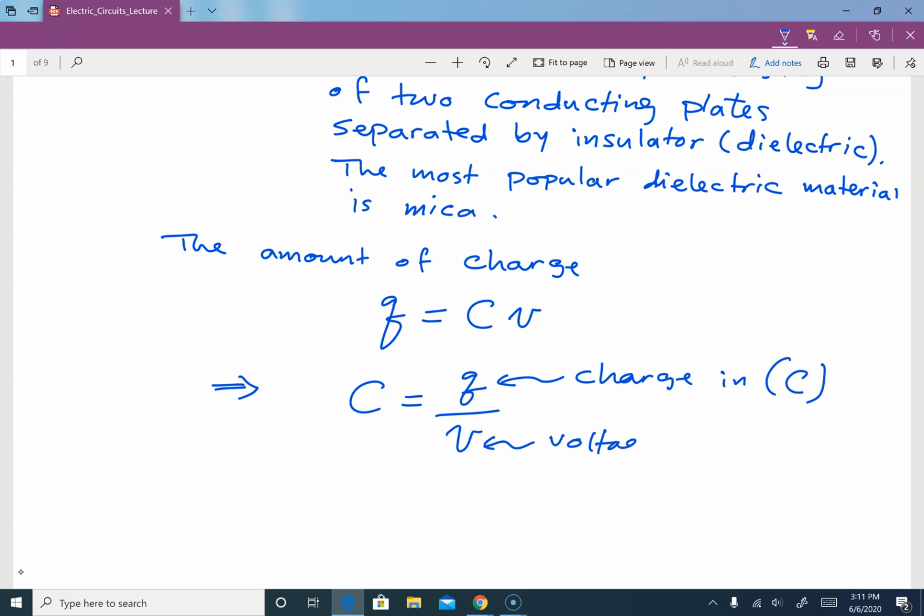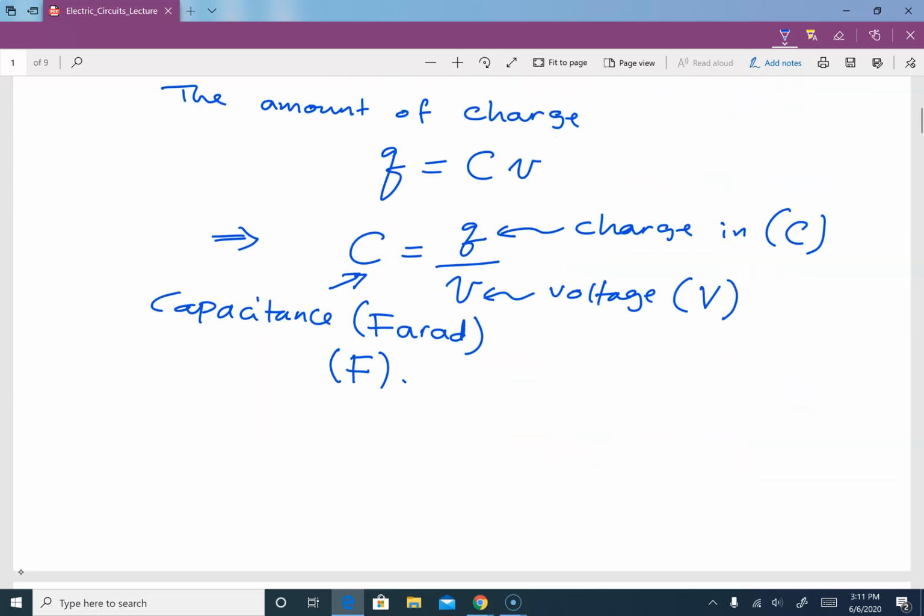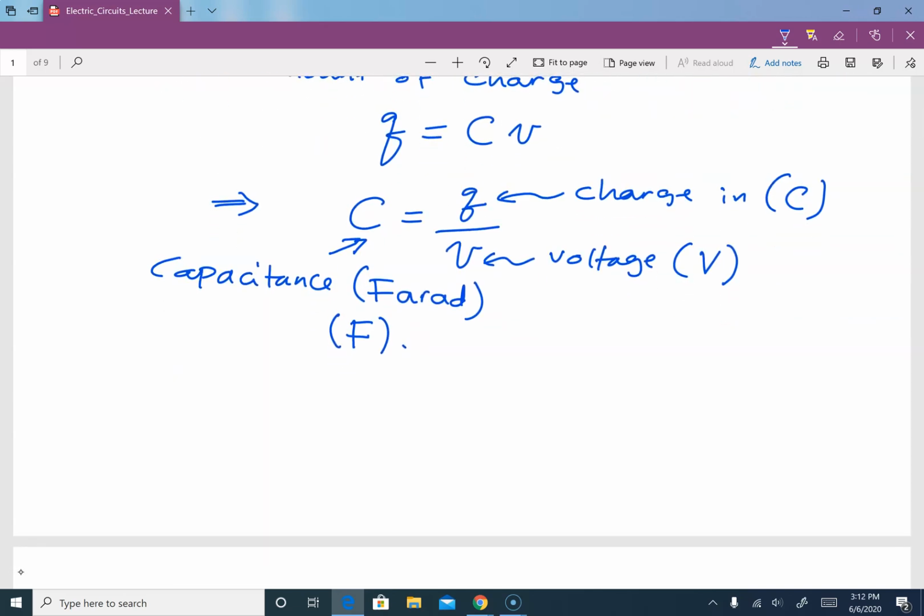This over here is voltage in volts, and this over here capacitance in farad, which is F.